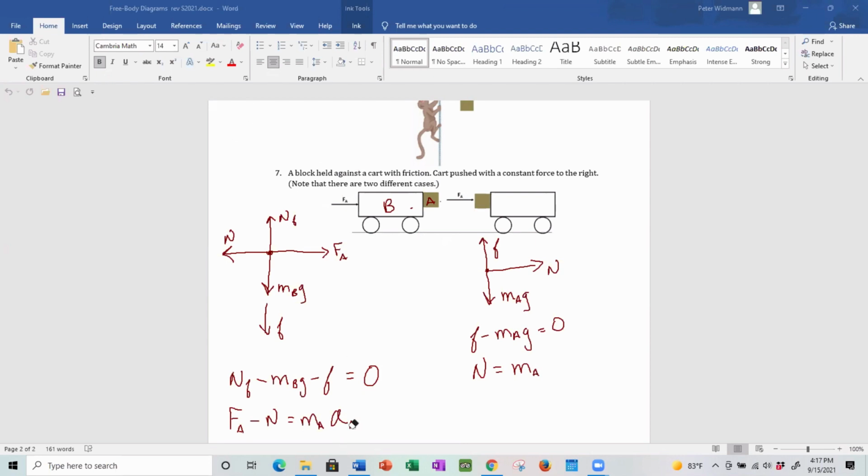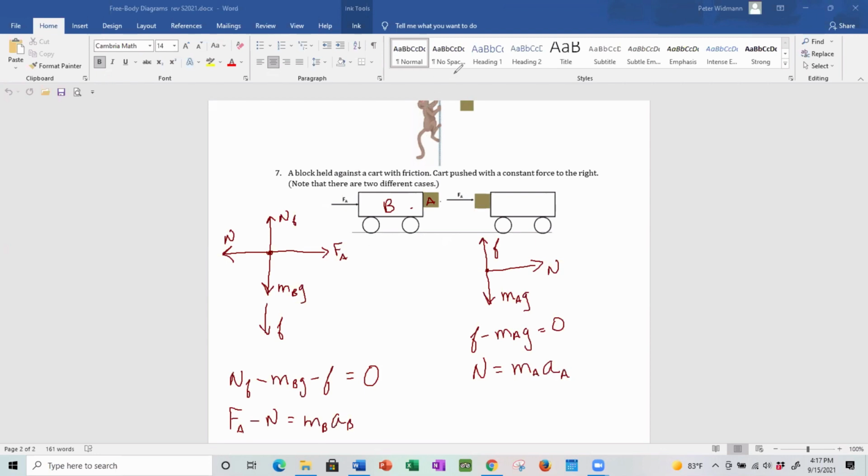Okay, you guys got to say something. This is B, not A. So this becomes M sub B, A sub B. I'm sorry. Okay, so N equals M sub B, A sub B.